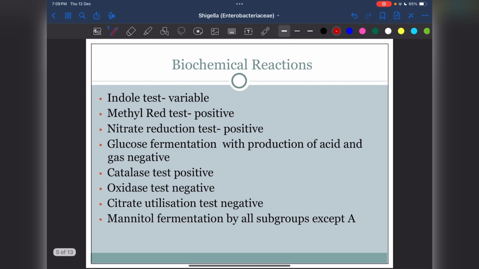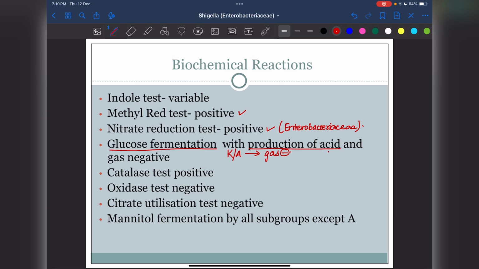Next up, we are coming to biochemical reactions. In the indole test, they are all variable. The methyl red test is positive. The nitrate reduction test is positive as they are members of Enterobacteriaceae. They do ferment glucose, so they are K/A with gas negative.